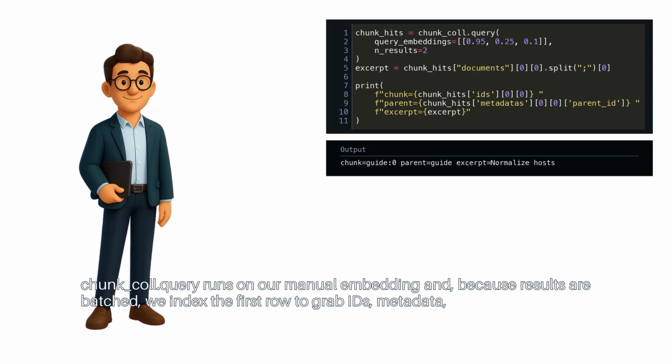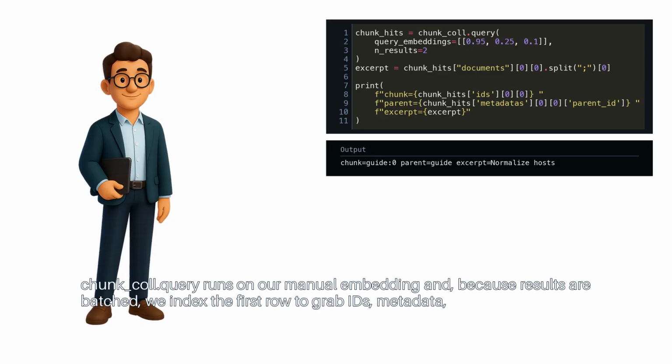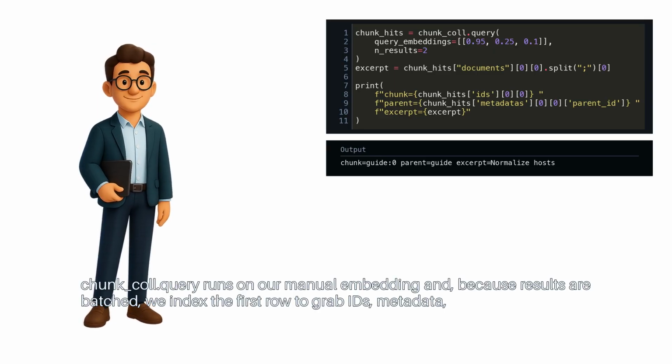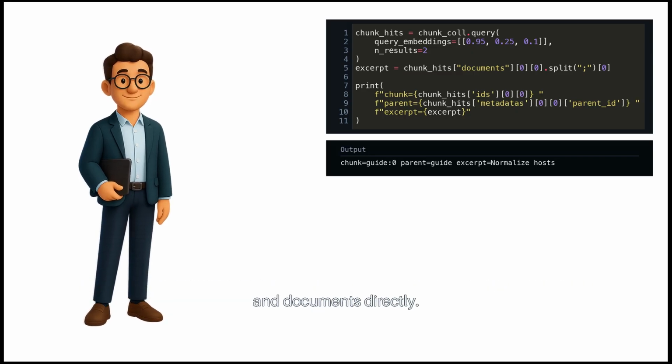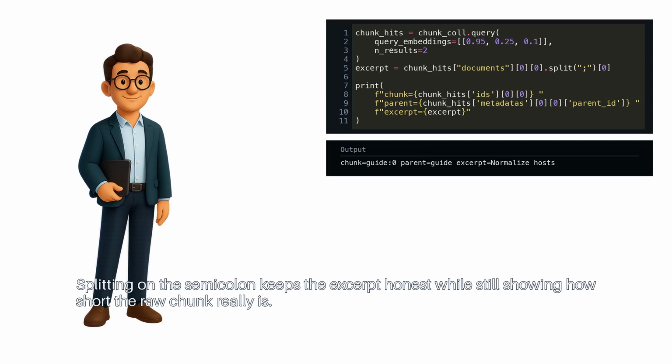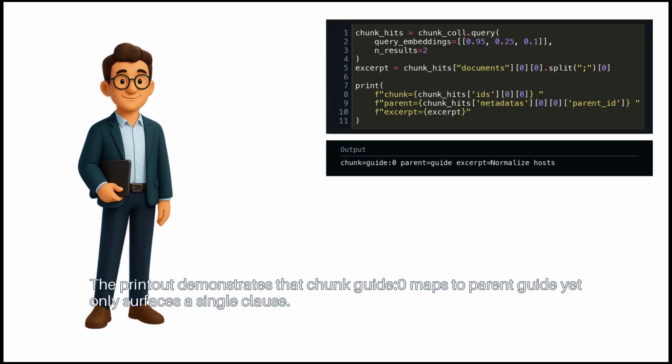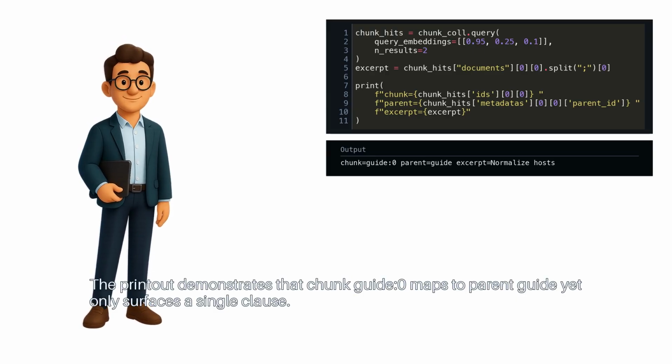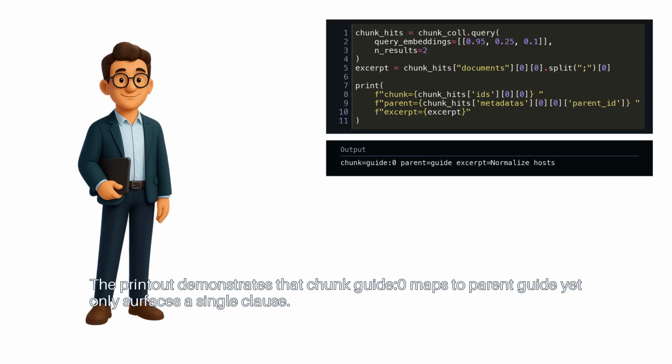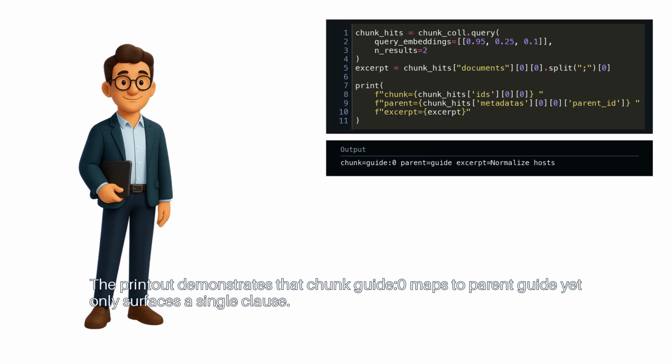Chunk_call.query runs on our manual embedding, and because results are batched, we index the first row to grab IDs, metadata, and documents directly. Splitting on the semicolon keeps the excerpt honest, while still showing how short the raw chunk really is. The printout demonstrates that chunk guide 0 maps to parent guide, yet only surfaces a single clause.